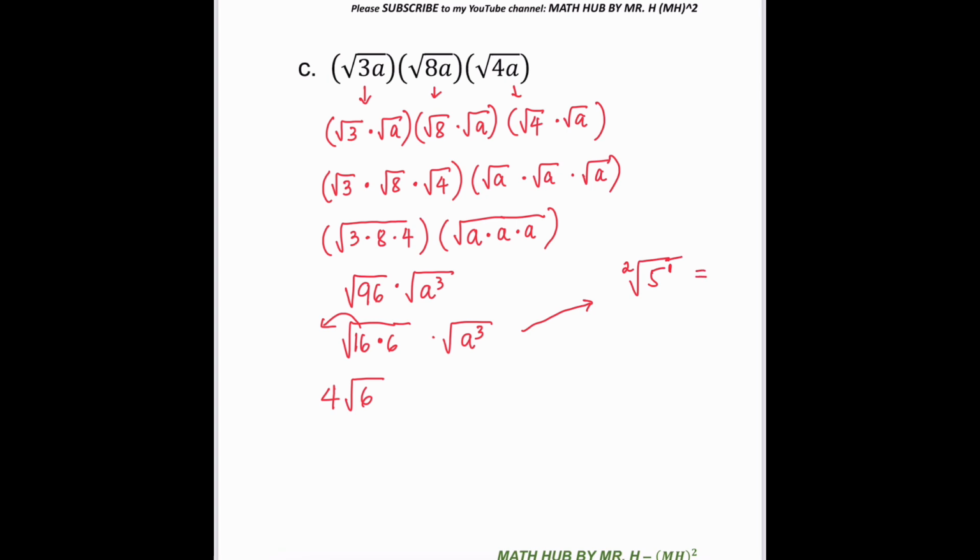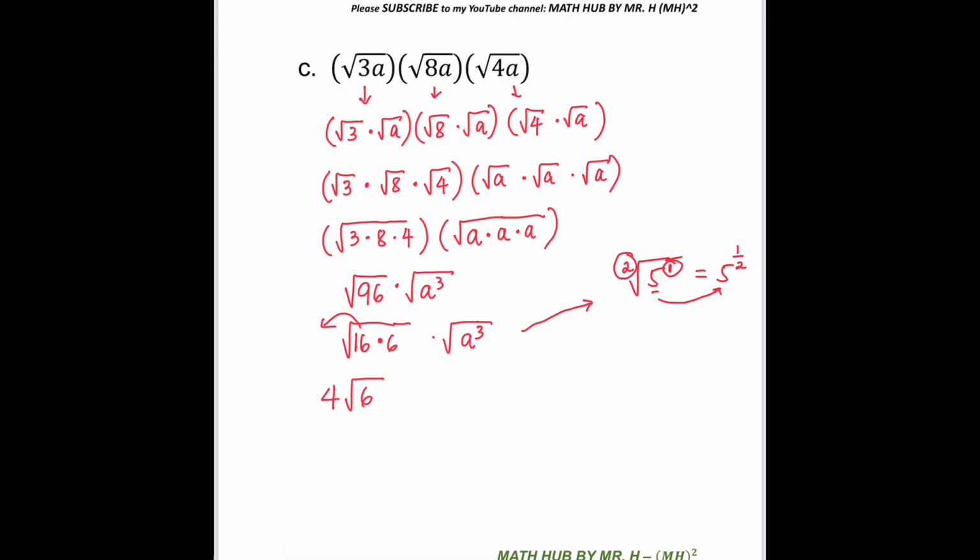And if you are asked to rewrite it into exponential form, then we're going to be looking at 5. We just take 5. That will be the base. And we take the power of 5 inside the radical sign. That will be the numerator of the power. And the index 2 will be the denominator of the power. So the square root of 5 is equal to 5 to the power of 1/2.